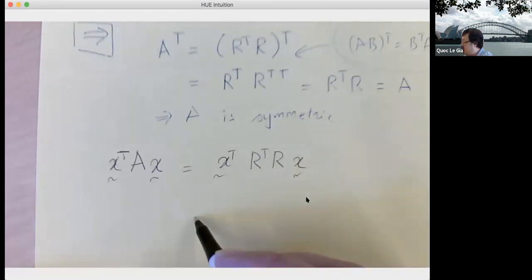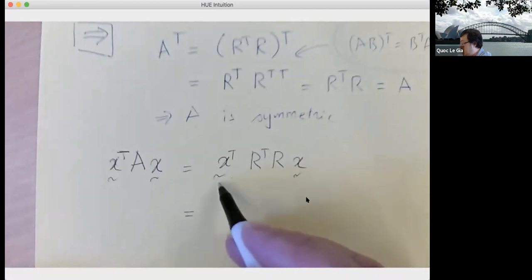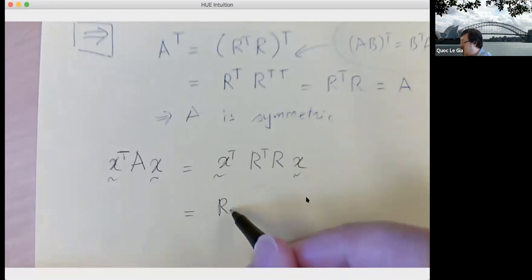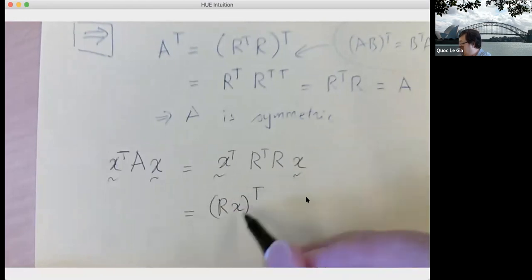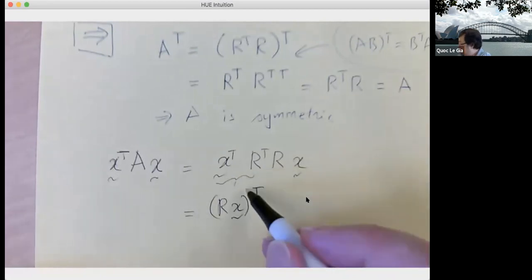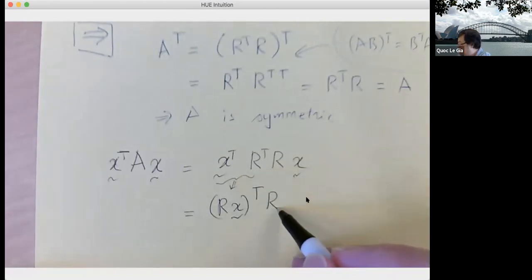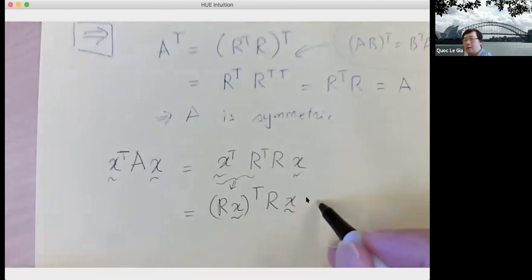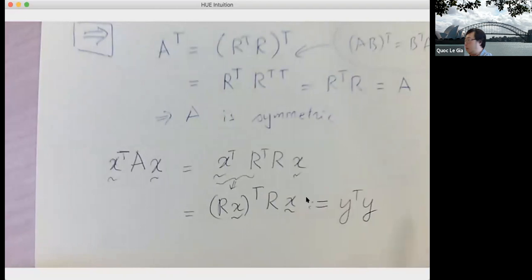So this is a vector x, and remember the formula up here: this is just (Rx) transpose times Rx again. Now you can label this as y transpose y, where y equals Rx.